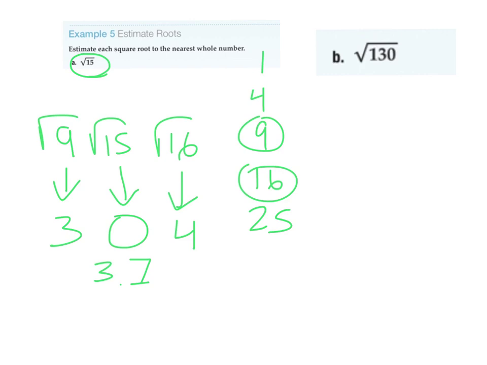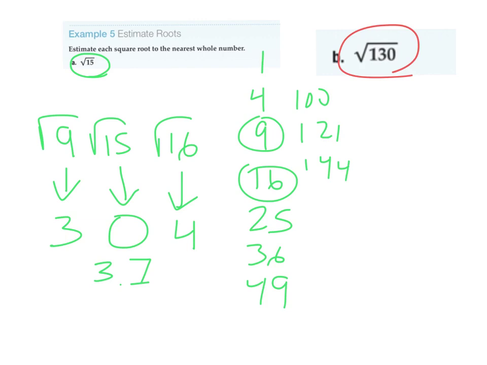So let's look at this next problem over here. Square root of 130. Well, if I keep going with my square roots, this is 36, this is 49, and we're going to need to skip ahead. We have 100, 121, 144, and now I found 2 numbers that it's in between.